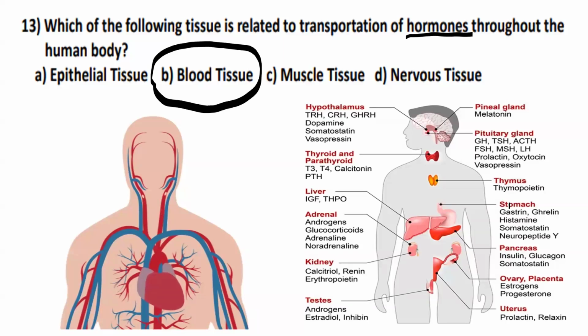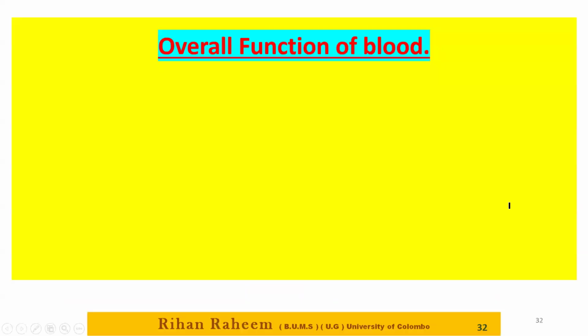The hormonal system is known as the endocrine system. We will study that. The whole endocrine system depends on blood, because to transport the hormones from one place to another, we need blood, especially the blood plasma part. Only the blood plasma part transports the hormones.